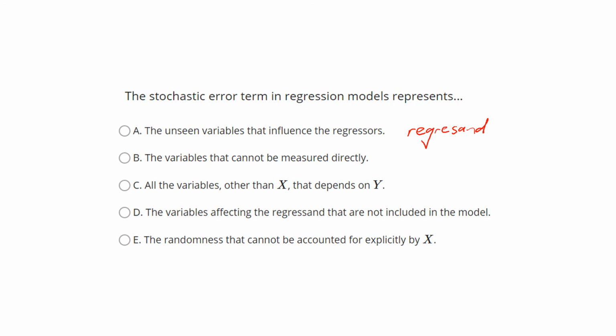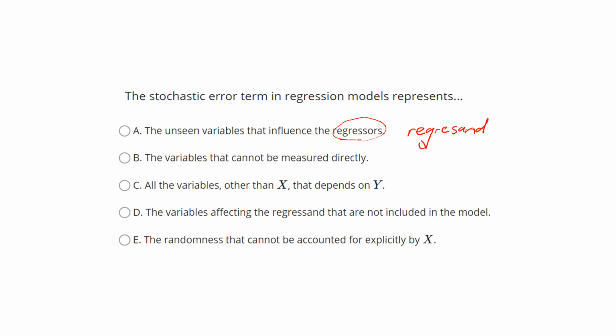Variables that influence regressors, it turns out, will be somewhat important later on in your econometric studies, but at this stage we are only interested in the variables that influence the regressand. So this doesn't sound like the best answer, but let's carry on and see.